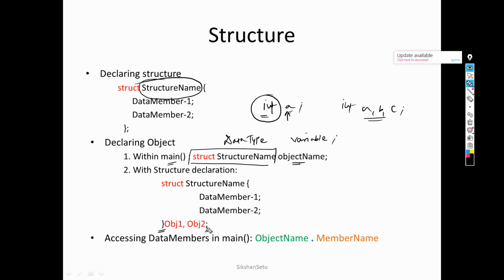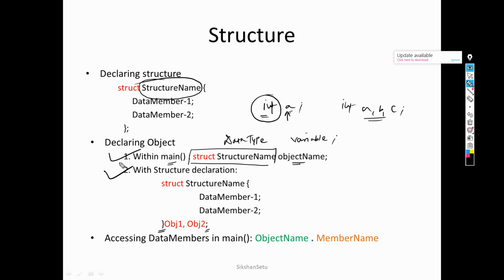In between the closing curly brace and the semicolon, you can mention the objects. It can be one or more. If you want only one object, you write obj1 and a semicolon. If you want more than one, you write them separated by commas and then a semicolon. So you can declare objects like this also. As a user, we can adopt either this method or this method.